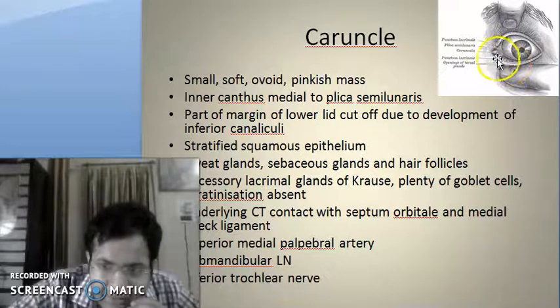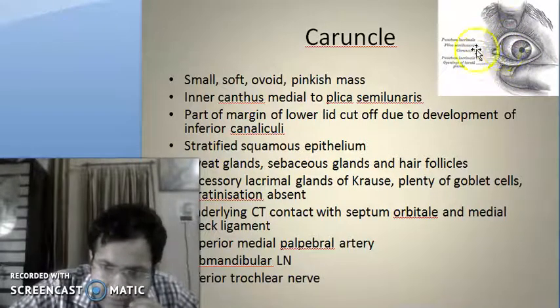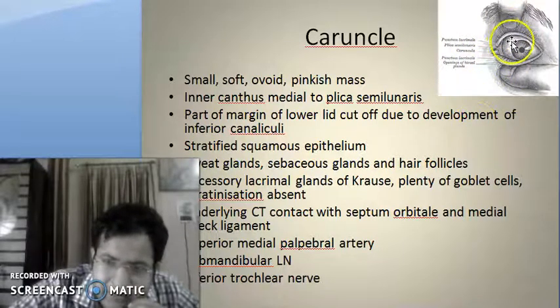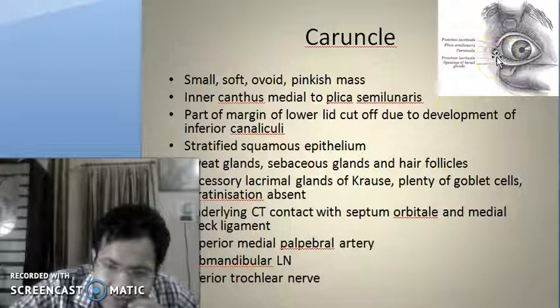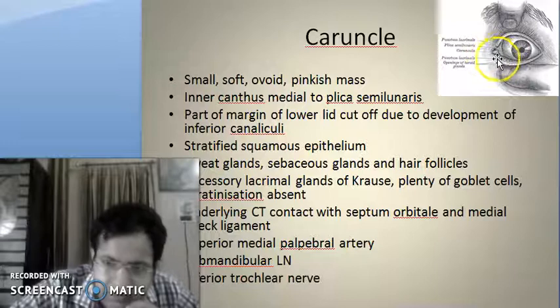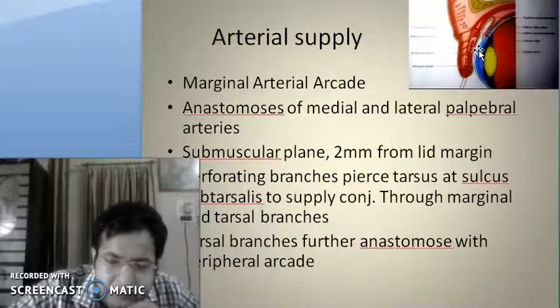The caruncle drains into the submandibular lymph nodes, as does the conjunctiva around it. And the nerve supply of the area of the caruncle is important. It is supplied by the infratrochlear nerve, which also supplies the area of the caruncle.